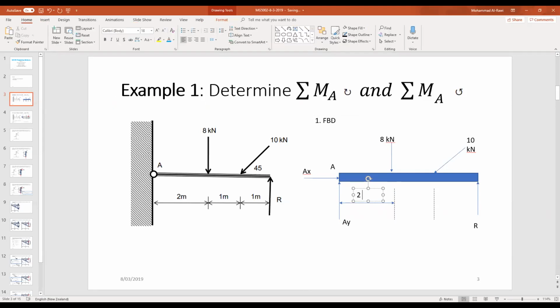So let's say this is 2 meters as shown, and this distance is about 1 meter, and this is about 1 meter, and then we just put the arrows there. By the way, I will share the slides at the end of the session with you as well.